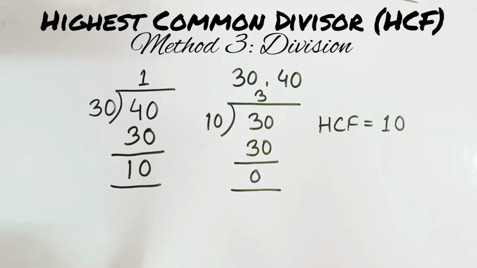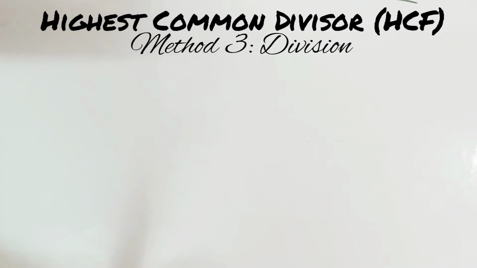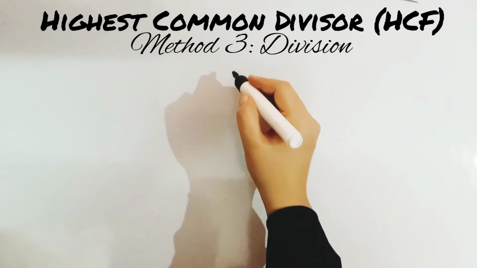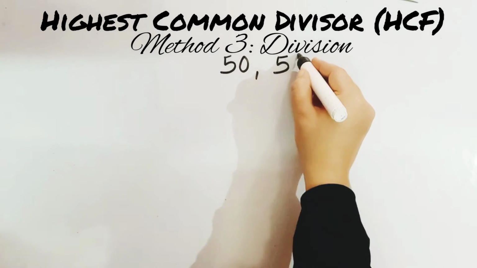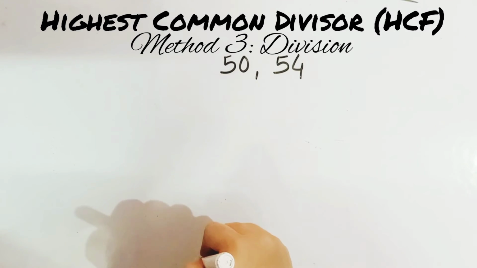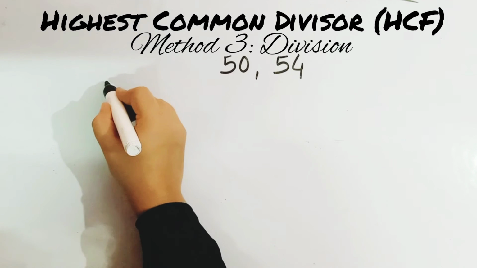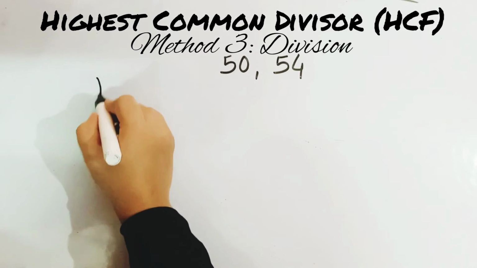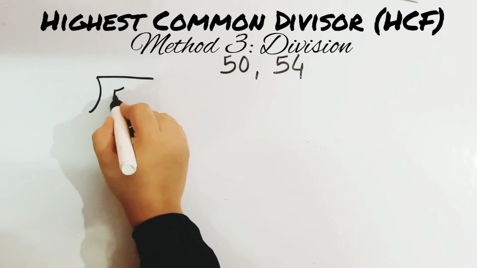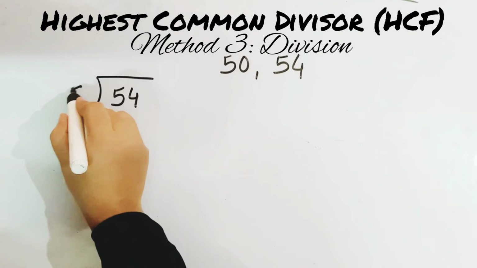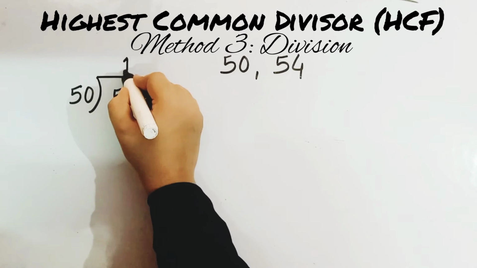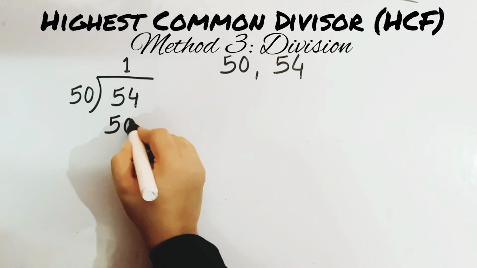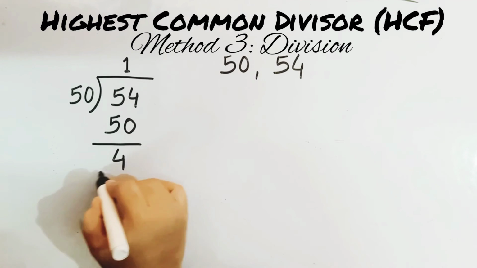Let's understand this method again with another example, 50 and 54. Again we will divide. Same rule: 54 comes inside as dividend because it is the bigger number, and 50 is outside as the divisor. So 50 one time is 50 and the remainder we get is 4.